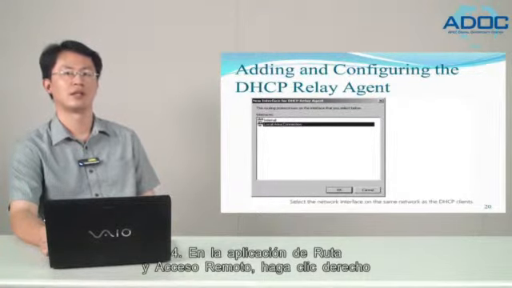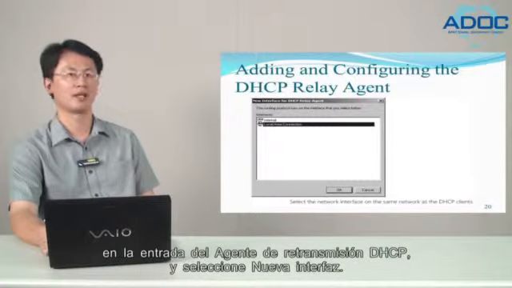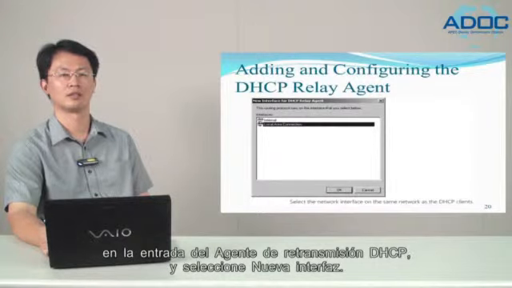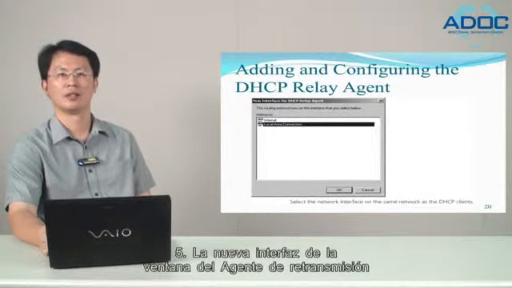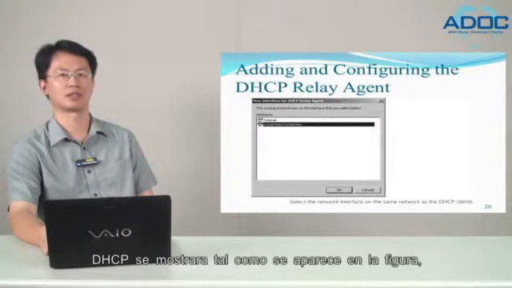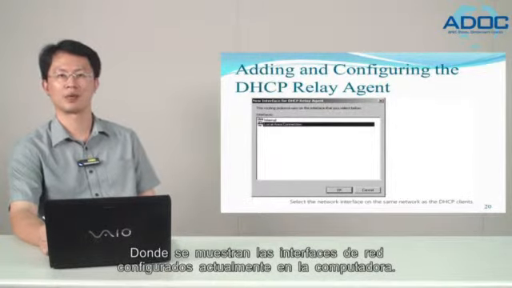Fourth, in the Routing and Remote Access console, right-click the DHCP Relay Agent entry, and choose New Interface. Fifth, the New Interface for DHCP Relay Agent dialog box is displayed, as shown in figures, showing the currently configured network interfaces on the computer.